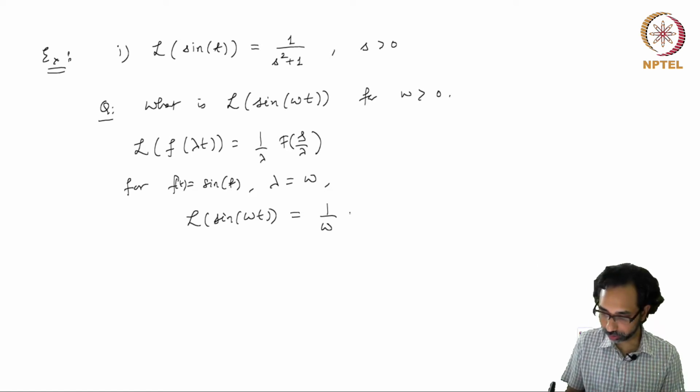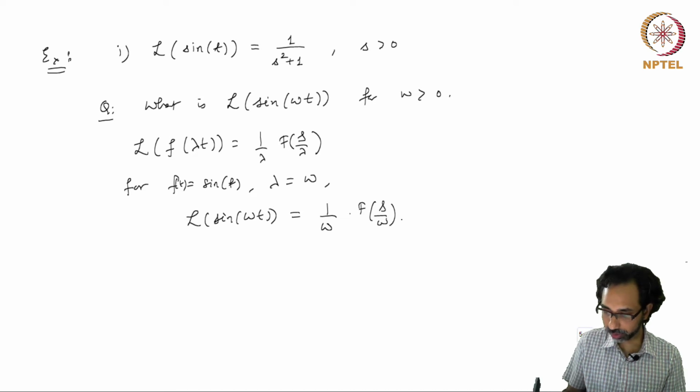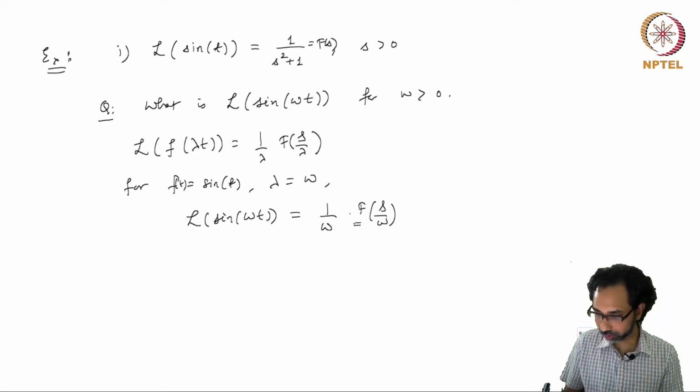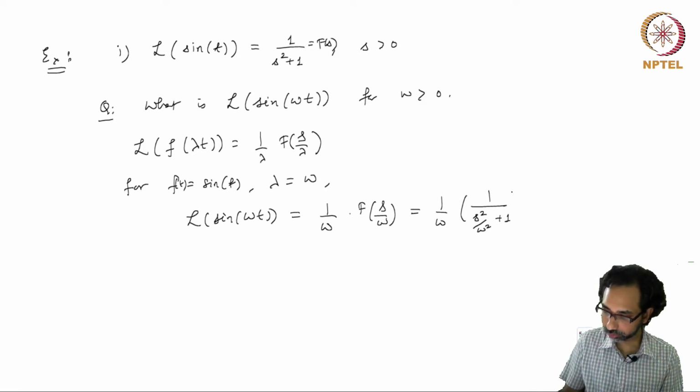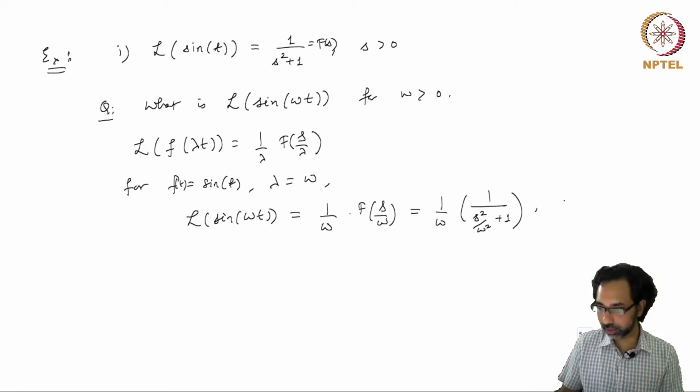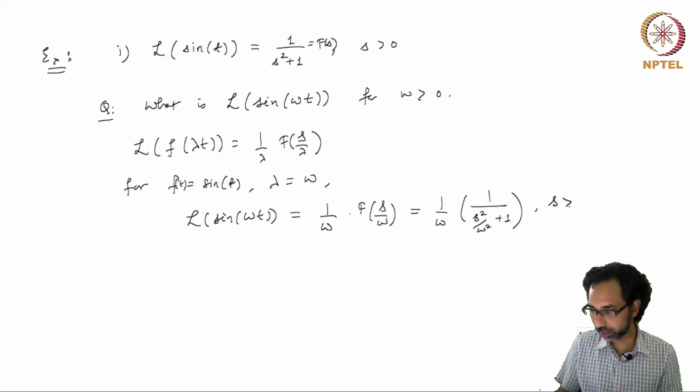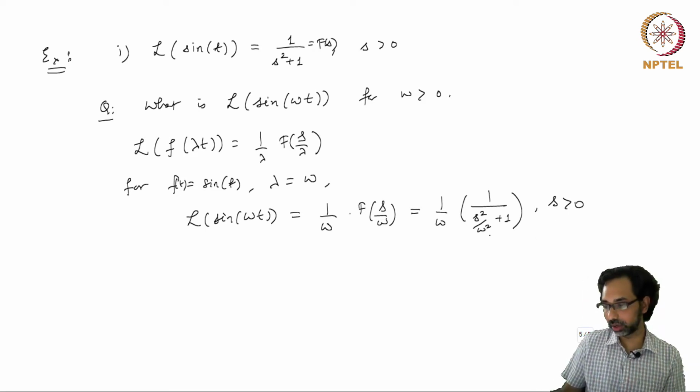1 over omega f of s over omega, but here f is simply this function 1 over s square plus 1. So this is 1 over omega times 1 over s square by omega square plus 1, and this is defined for s greater than 0 again, because omega times 0 is just 0.